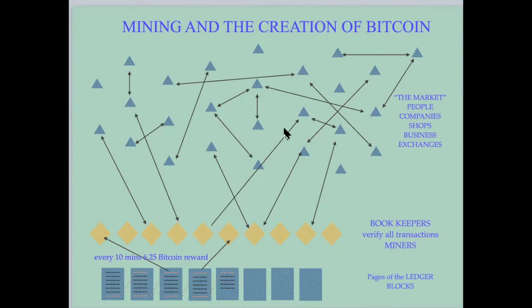So transactions take place. They are digital transactions. They're verified by the miners, the bookkeepers, and they're recorded in blocks of data. So it works like this. This guy is sending this lady some Bitcoin. This lady is sending it to her son. Son is spending it in the shop.